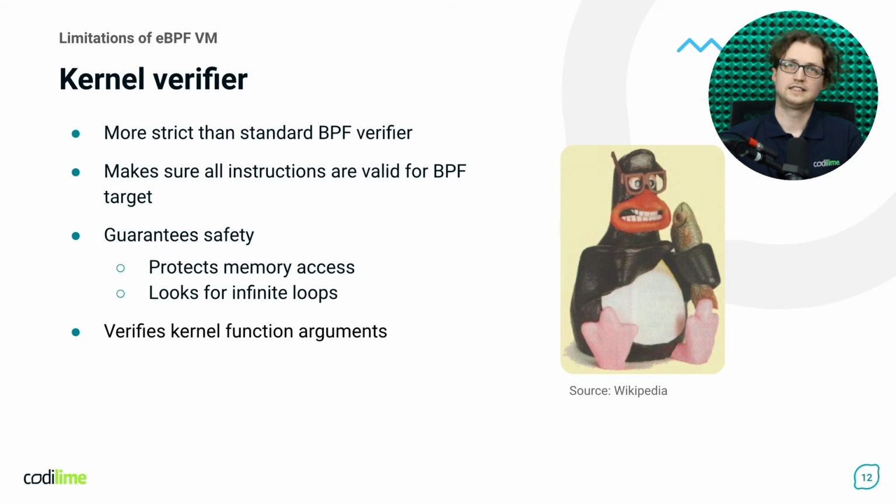And the next step, when we use libbpf to load our program, we have the kernel verifier. This is part of the Linux kernel that is supposed to make sure that our BPF program is valid and can be run safely. So the basic eBPF verifier is supposed to make sure that we are using only valid instructions from the eBPF target.